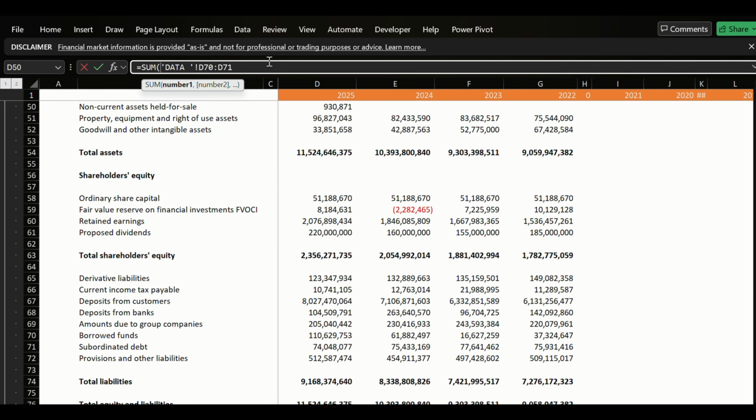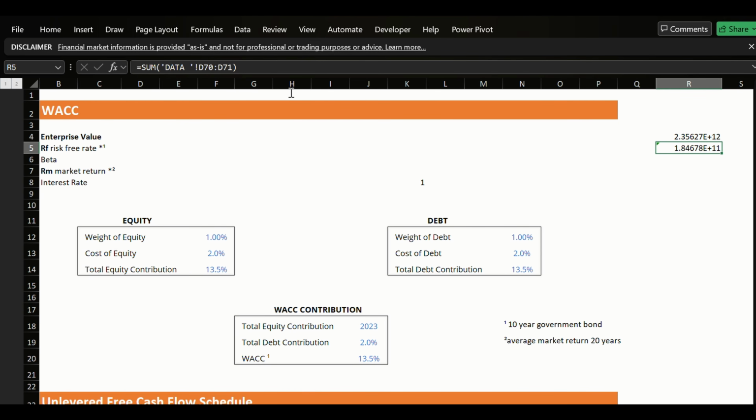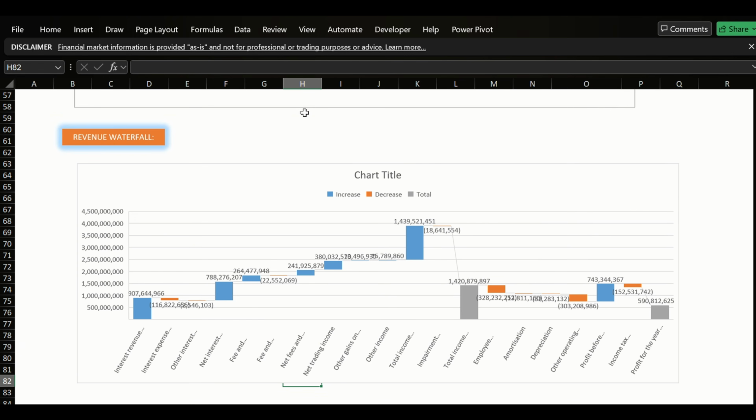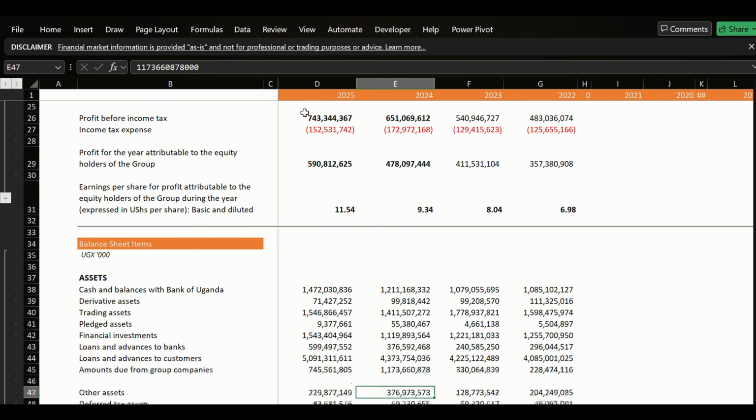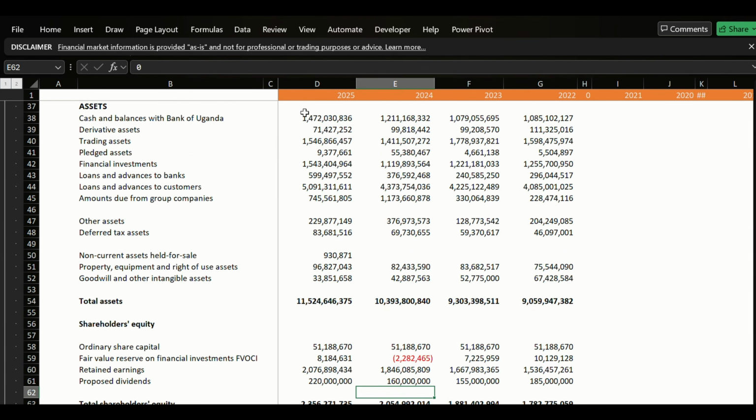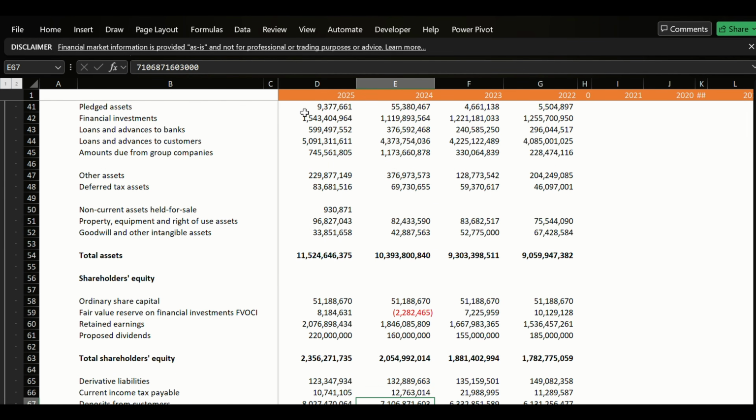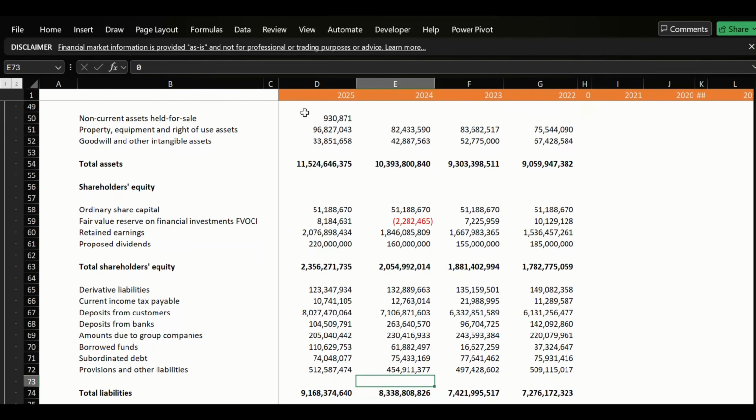So I've come to notice that borrowed funds have no interest from the Bank of Uganda and other supports, but still they do come that way. So let me first recheck this again. Seeing they have just jumped to 1.8, the borrowed funds and the subordinated debt, I think they're about okay.